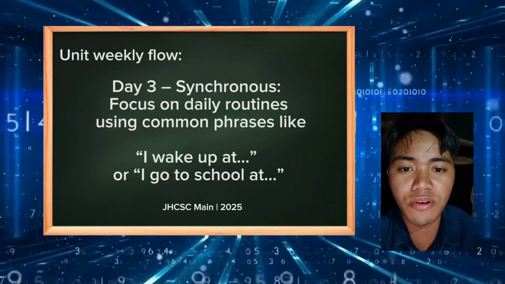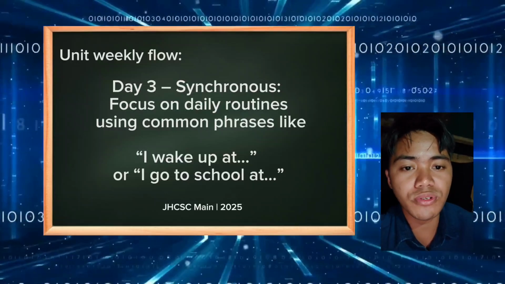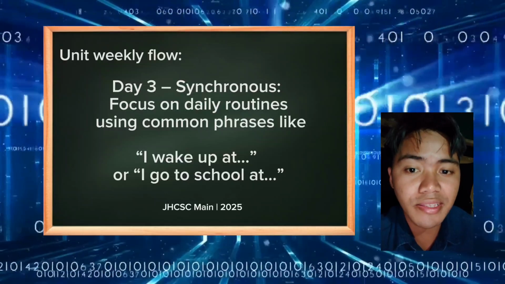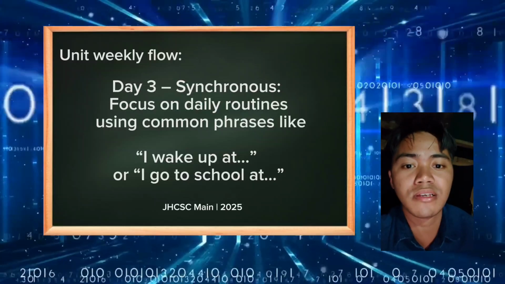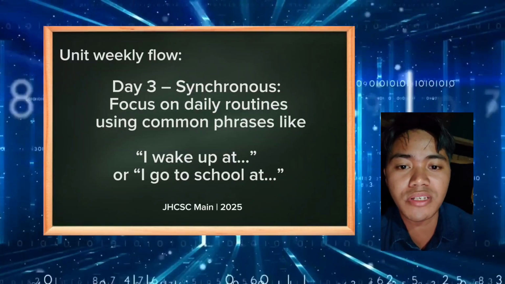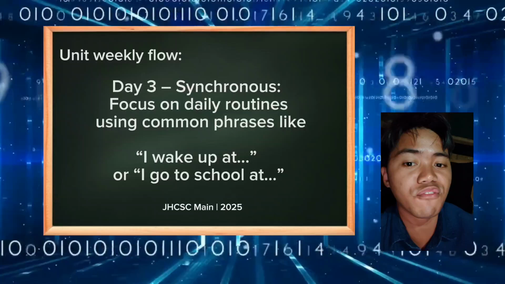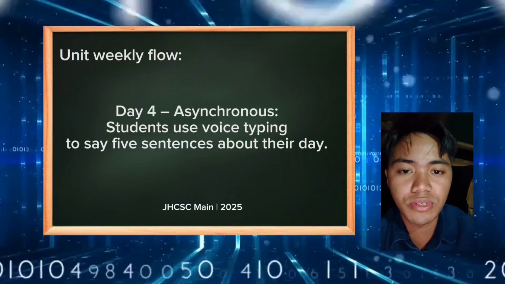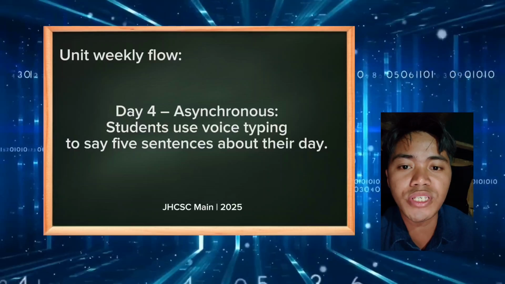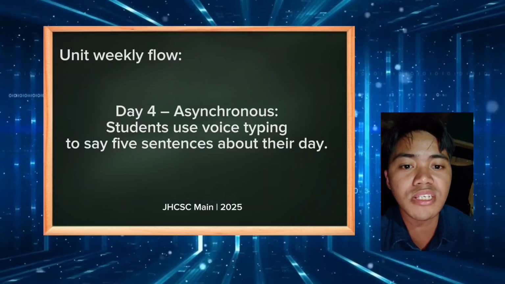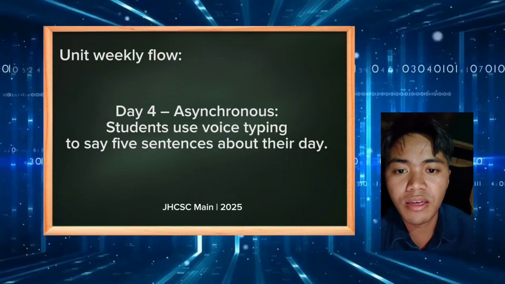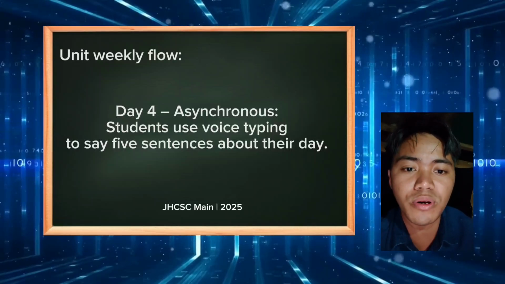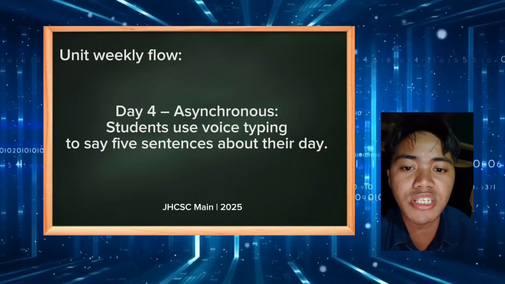Day 3, synchronous: focus on daily routines using common phrases like "I wake up at" or "I go to school at." Students will practice in pairs and play a guessing game to make it fun. Day 4, asynchronous: students use voice typing to say five sentences about their day. They will correct any spelling or grammar mistakes the app captures and reflect on how clearly they spoke.